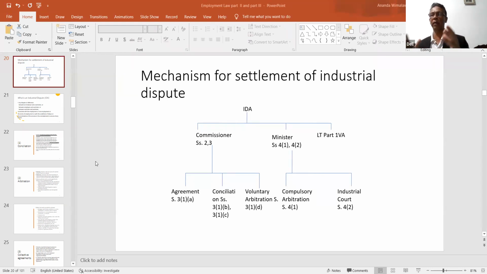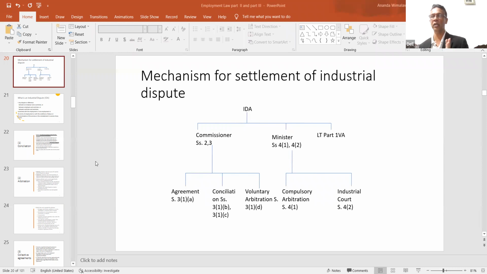We discuss with them, and with their consent, we write to the president and the minister will recommend. This matter cannot be settled through normal arbitration, so we need a special arbitrator. So please appoint these 3 or 5, maximum 5 people for a 3-year period, for the industrial court.